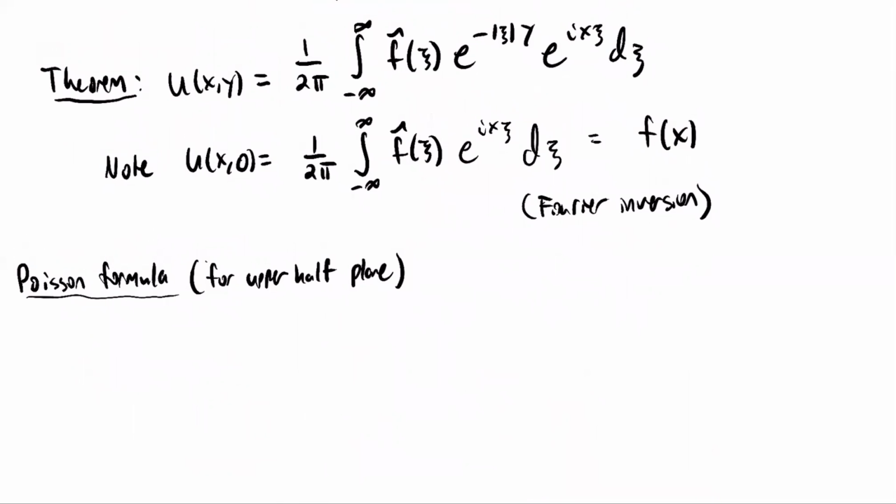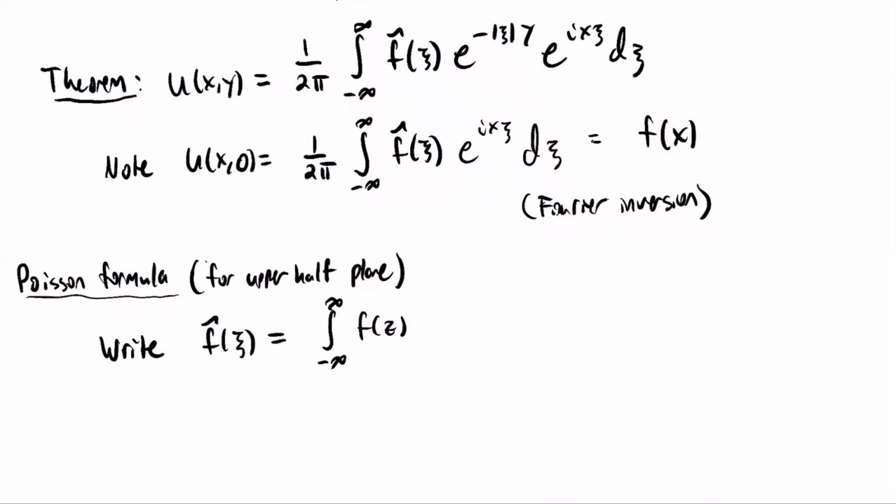Okay, and so the idea is, by Fourier inversion, again, we can write. Actually, sorry, this is not Fourier inversion. This is just the definition of the Fourier transform. We can write the Fourier transform of f at xi as the integral from minus infinity to infinity of f of z.